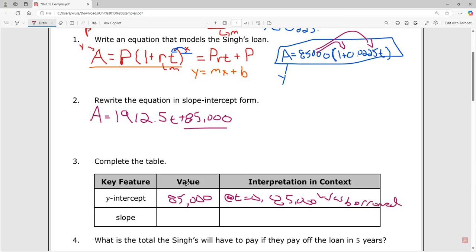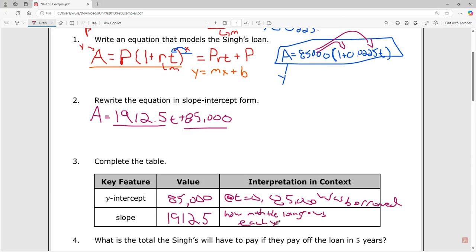Okay, now what is the slope here? Well, this is my x value, right? So my slope is 1912.5, and that's how much the loan grows each year.